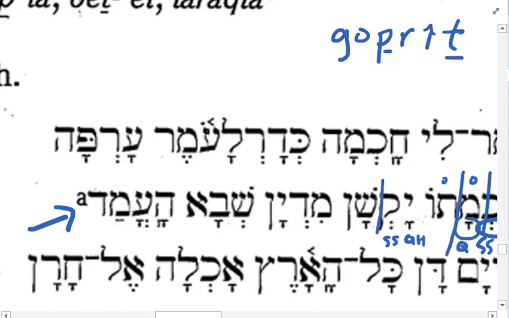Yolk. Now look at this one. There's no shava following that symbol, so I don't ask myself about methegs. I just ask myself, is it in a cuss syllable? Is this closed, the second syllable? Yes. Is it unaccented? No. The stress is always on which syllable?